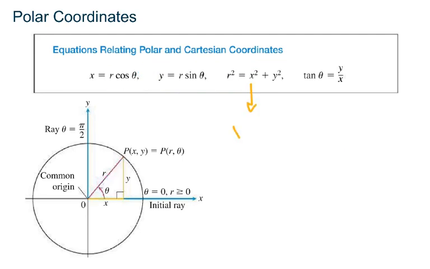That could also be rewritten, if I square root that, as the square root of x squared plus y squared equals r. Okay, so we can rearrange these in different ways, but the main idea here is we understand where a polar point is located on a graph, and then we have these equations that relate x and y to r and theta.